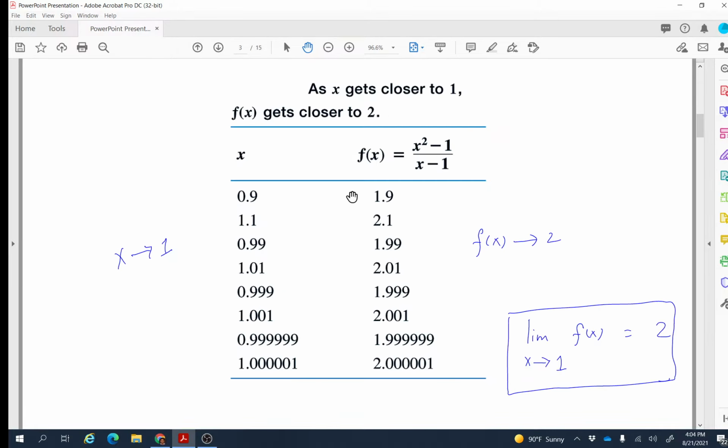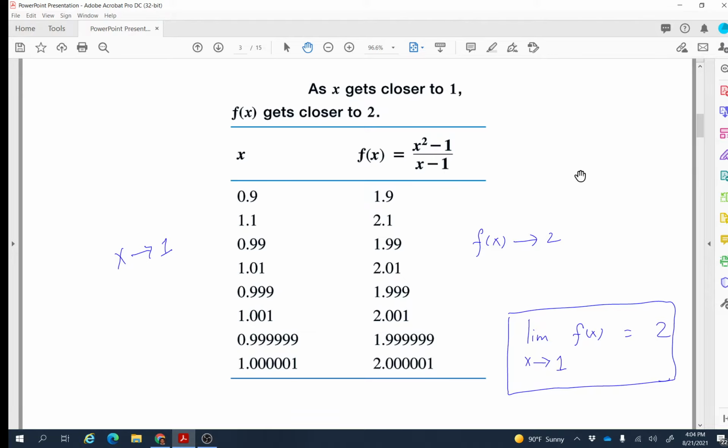So in this table, as you can see, when x approaches 1 from the left side and right side, both sides, the value of the function is going towards 2, and this is how we write it down, and this is called the limit of function f of x when x approaches 1. Okay, this concept is called the limit of a function.